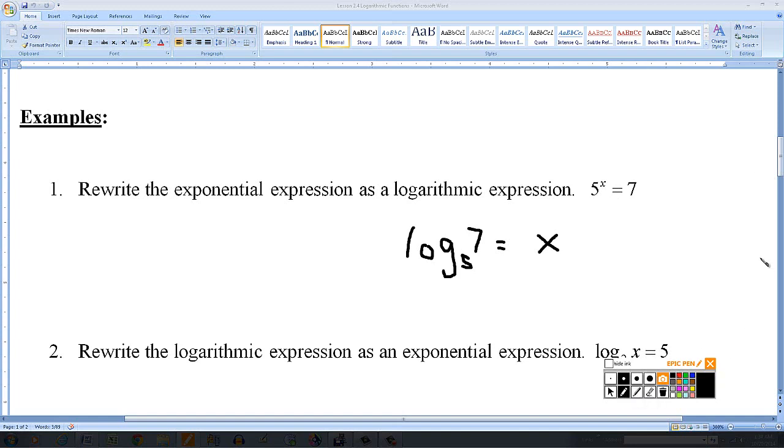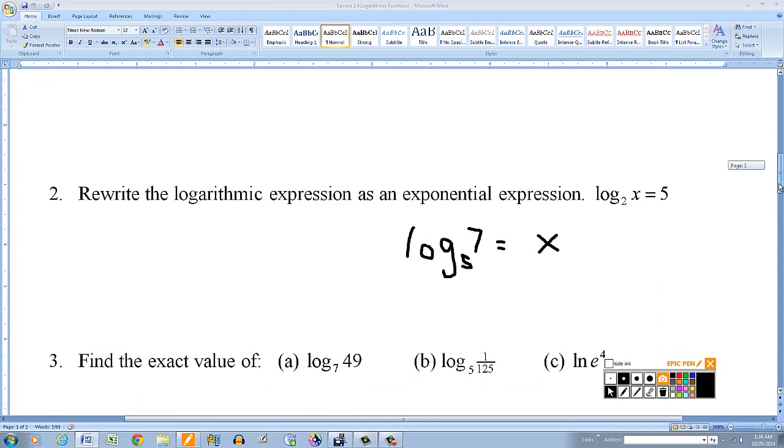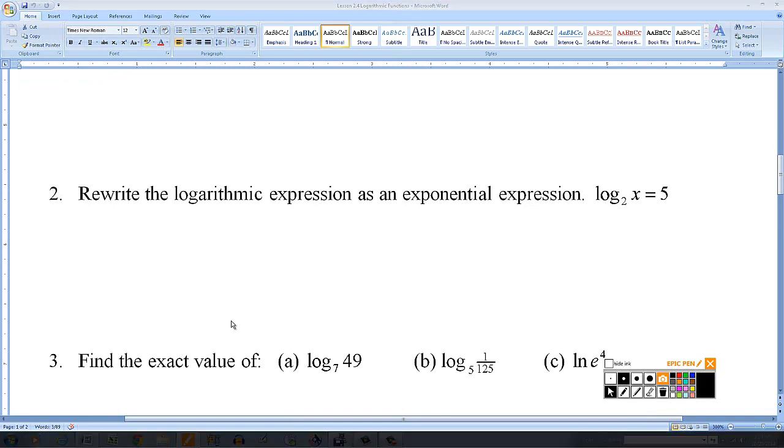Now on the next one, I'm doing just the opposite. Let me clear this one. This one says, rewrite the logarithmic expression as an exponential expression. So there's your log.